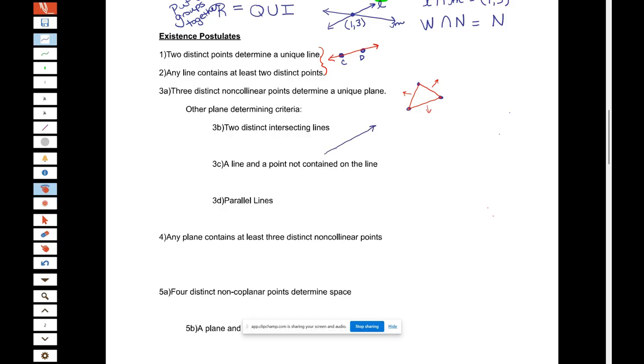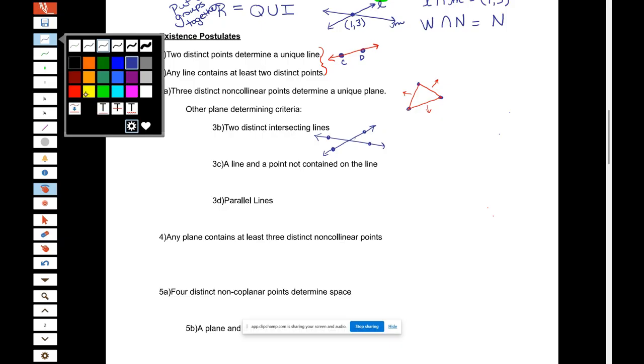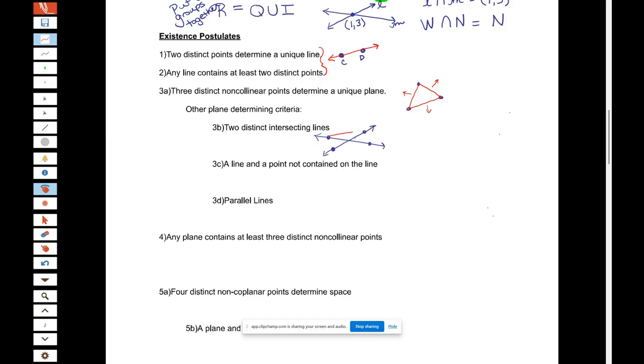If you have 2 distinct intersecting lines like that, that will make a plane because each line contains at least 2 distinct points. So 2 points on that line, 2 points on that line. We can see that we have at least 3 non-collinear points making a triangle, making an infinite plane.